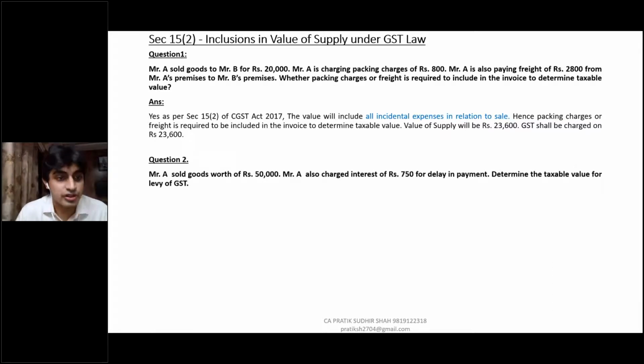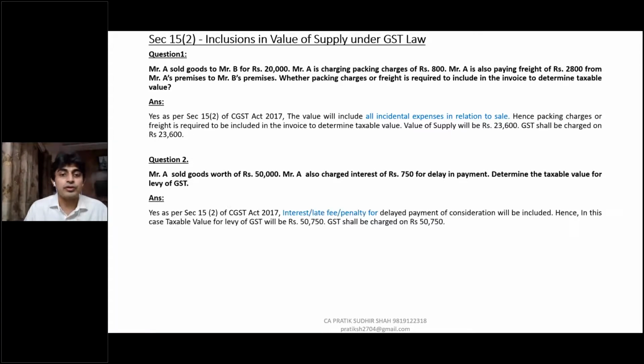Okay. Next question. Mr. A sold goods worth 50,000 rupees. Mr. A also charged interest of rupees 750 for the delay in payment. Determine the levy of GST. On how much will GST be charged? Will it be only on 50,000 or on 50,000 plus interest? As per 15 subsection 2, interest earned in relation to goods is a consideration in relation to the sale of goods.